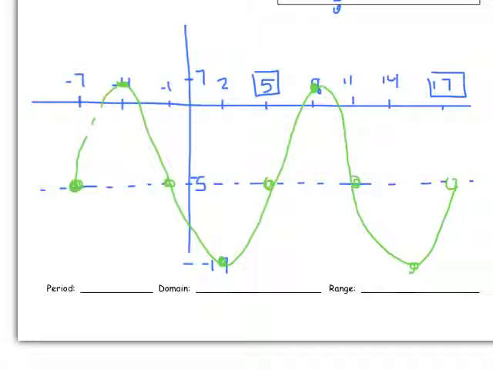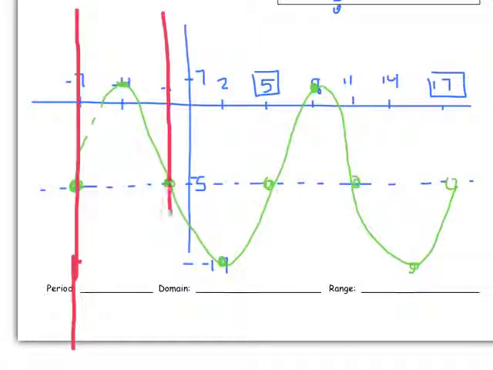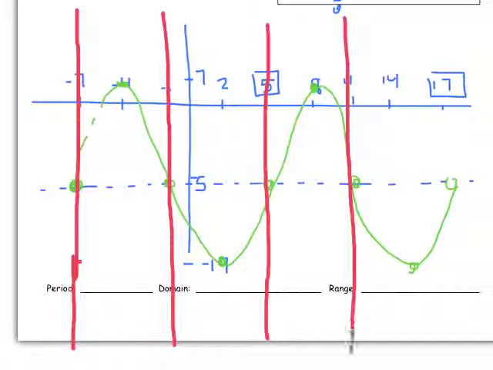So vertical asymptotes are here at the -7, at the -1, at the +5, the 11, and at the 17. And so now those vertical asymptotes give me the boundaries of the U shape I'm going to make. And so that U shape is your final answer.